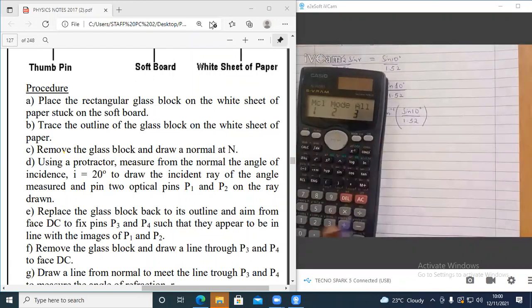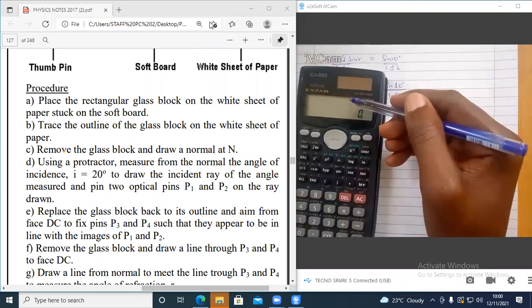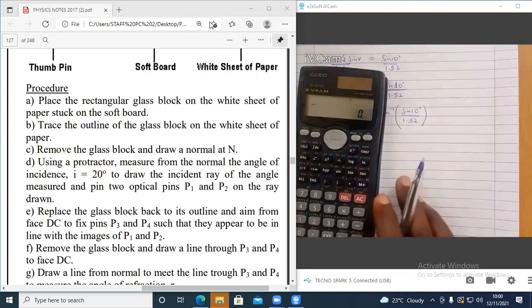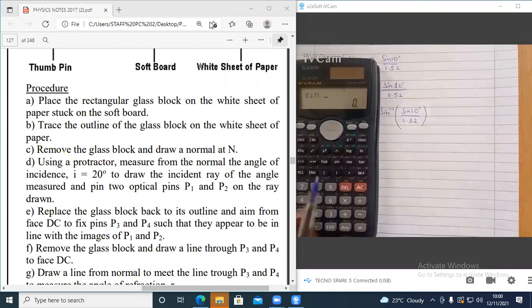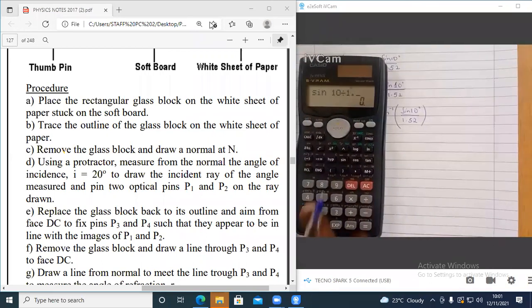First reset, and make sure that your calculator is in degrees. Make sure that here is indicating D. So you press sine of 10, divide by 1.52. What do you get?